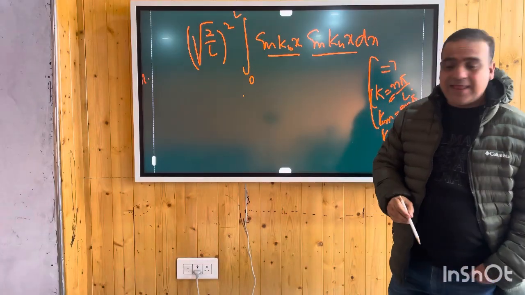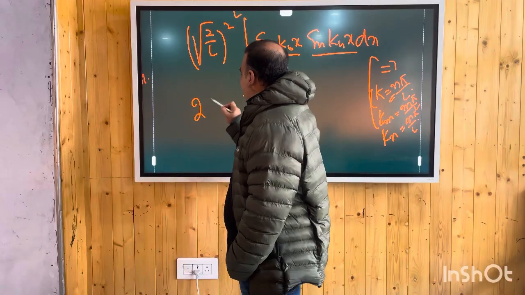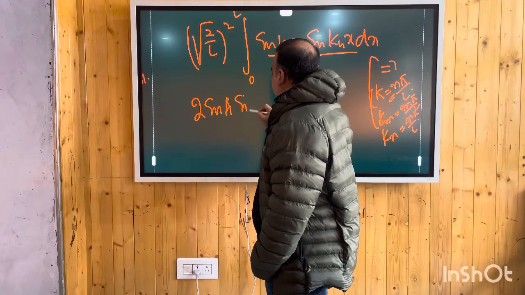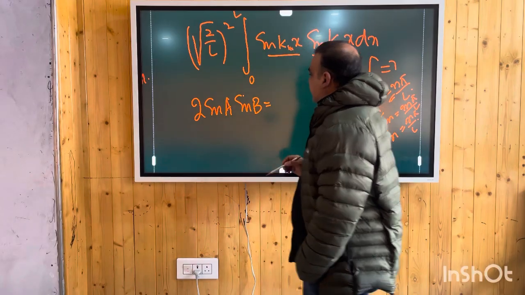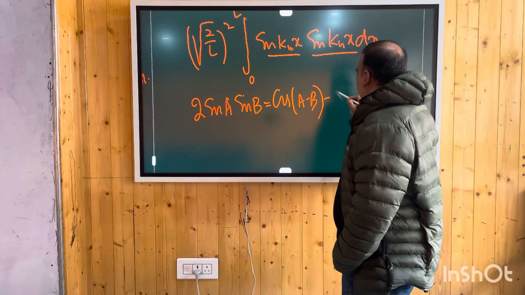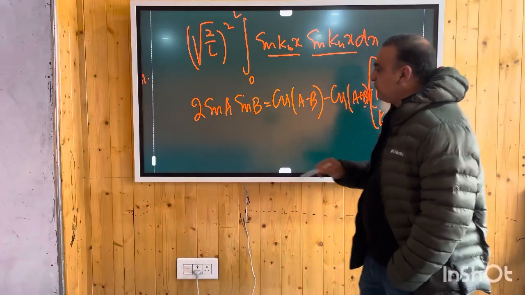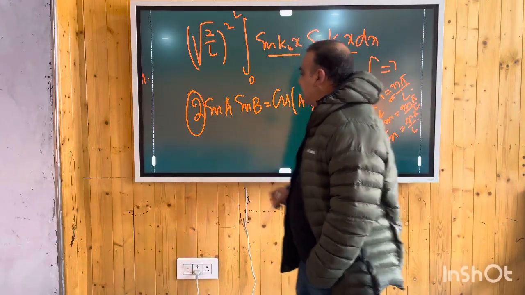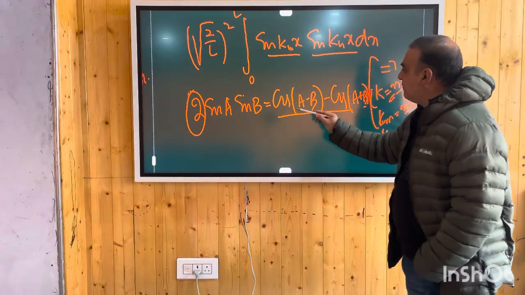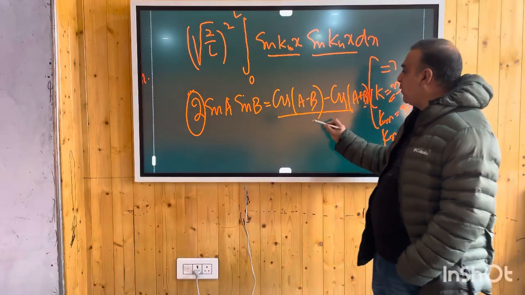We have sine A and sine B. You know from the basics of trigonometry that twice sine A sine B is cos of A minus B minus cos of A plus B. So sine A sine B will be cos of A minus B minus cos of A plus B, divided by 2.